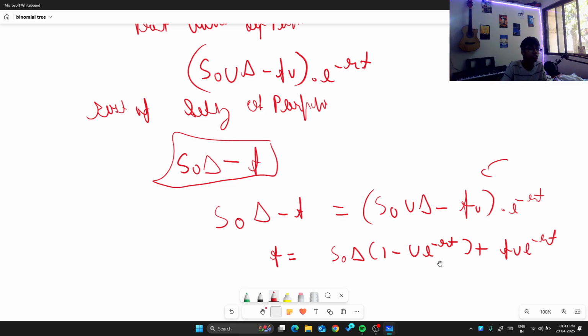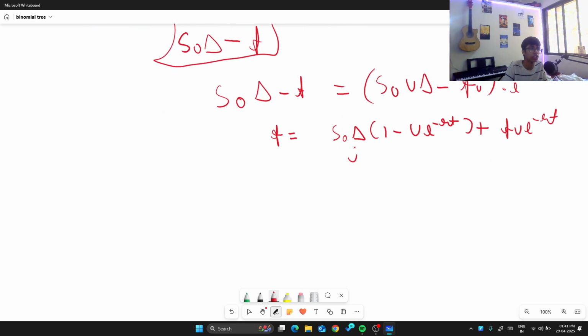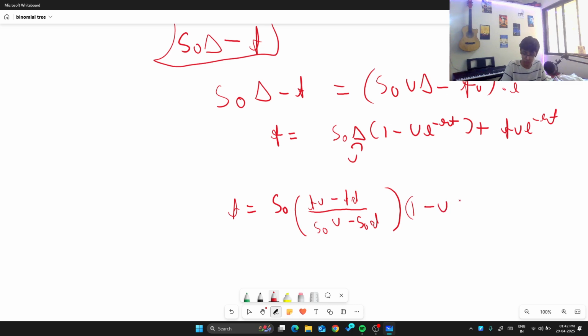So we substitute the value of delta here. f equals S0 times (f_u minus f_d) upon (S0 u minus S0 d), times (1 minus u e to the minus rT), plus f_u.